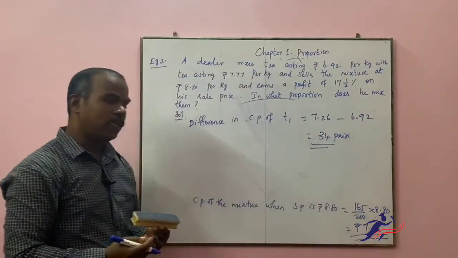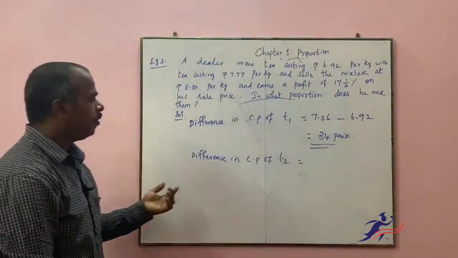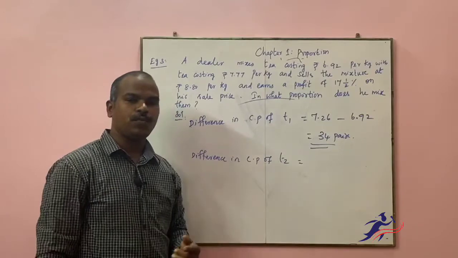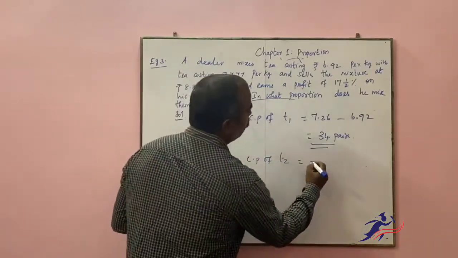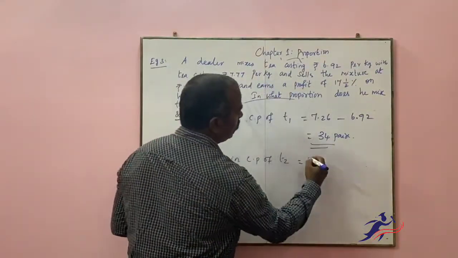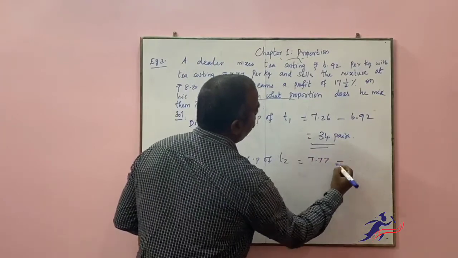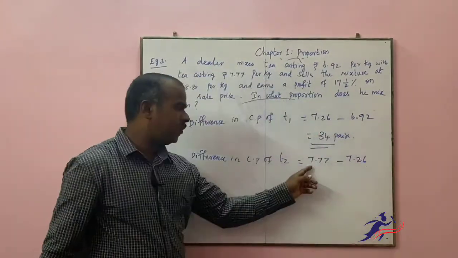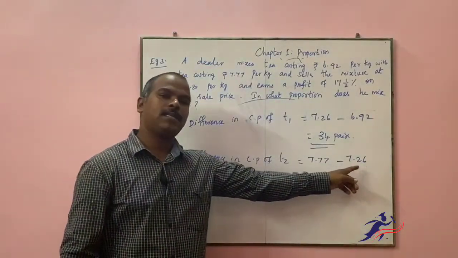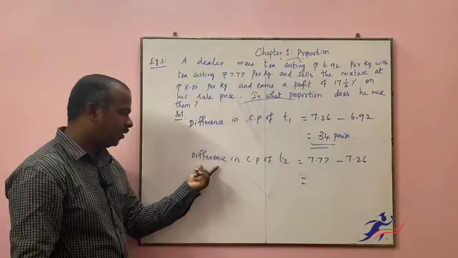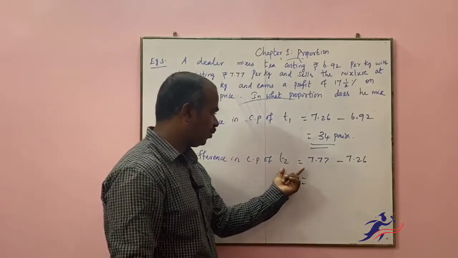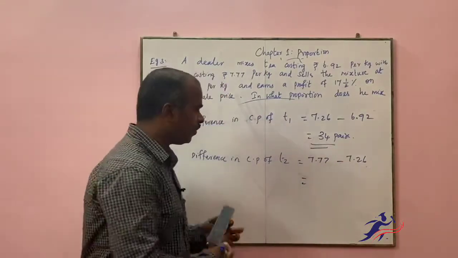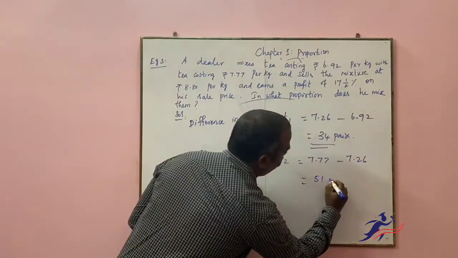Now the difference in cost price of T2 is 7.77 minus 7.26, which gives 51 paise.